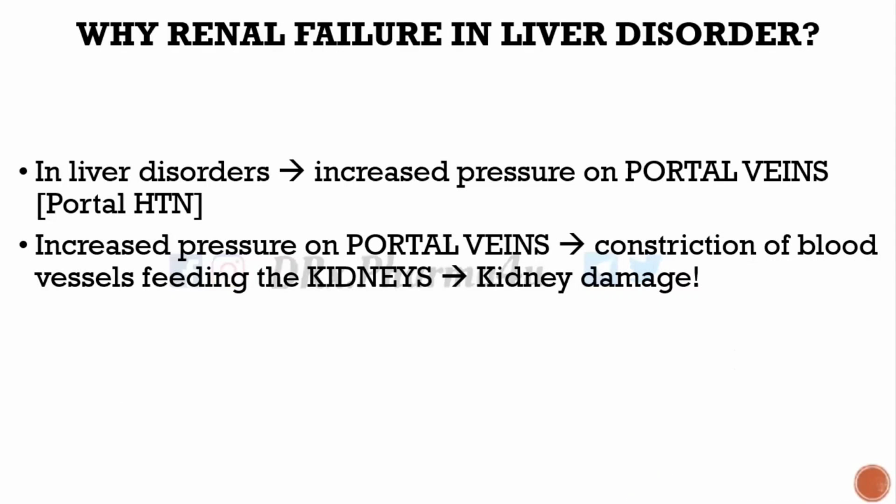Feeding the kidneys means supplying blood to the kidneys. So if the kidneys are not receiving sufficient amount of blood, then definitely organ damage happens. So that can lead to kidney damage as well. And this kidney damage, as I said before, can cause accumulation of fluid in the abdominal area that can cause ascites.